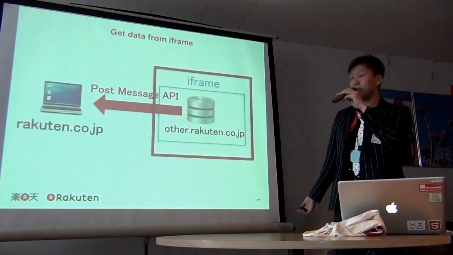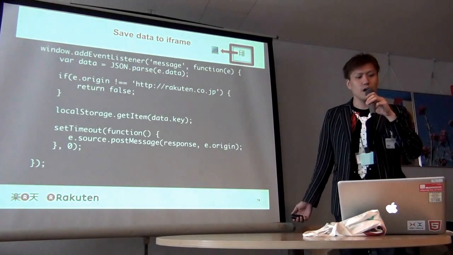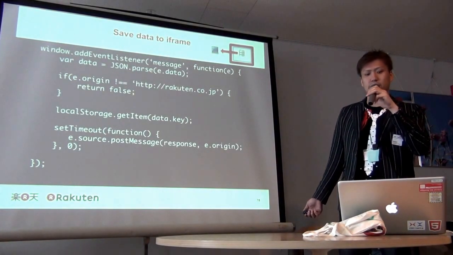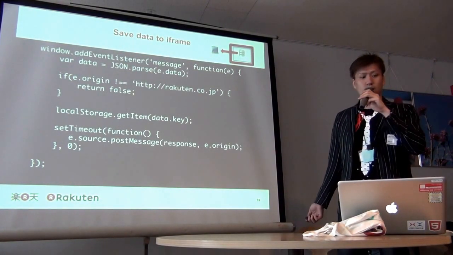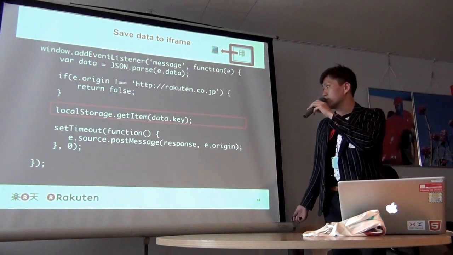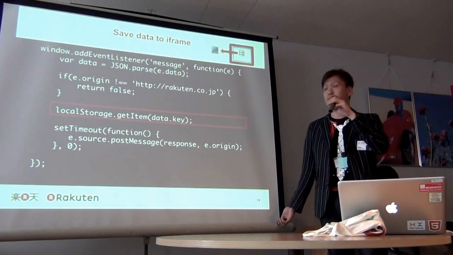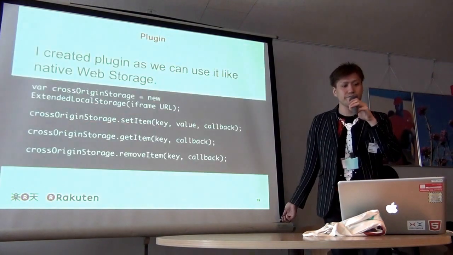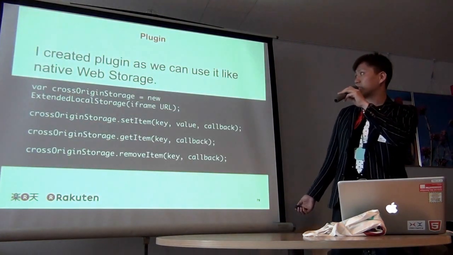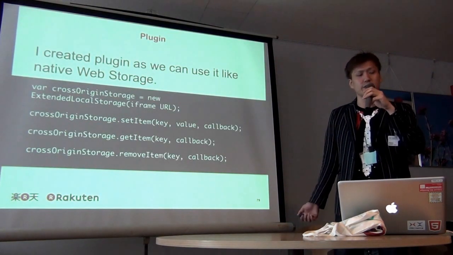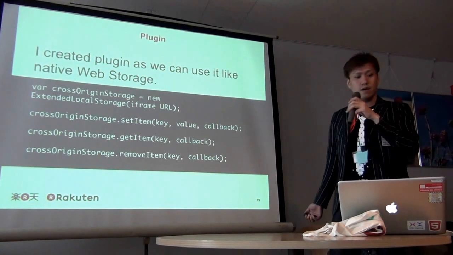And next is the iframe source code. It is almost the same as the save data case. Changing the method to getItem is the only difference. It's so easy.